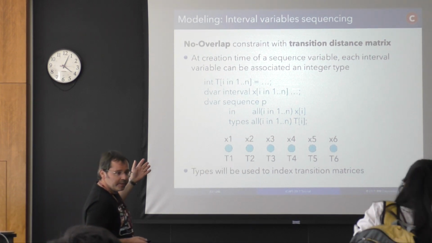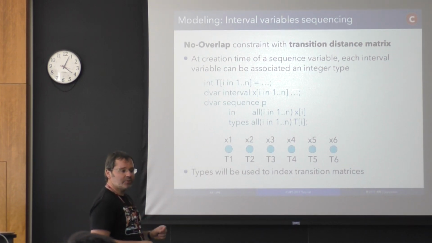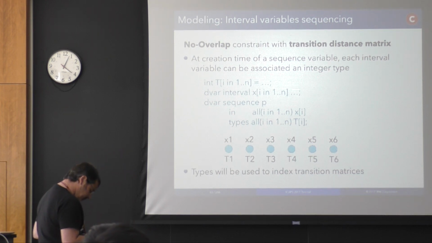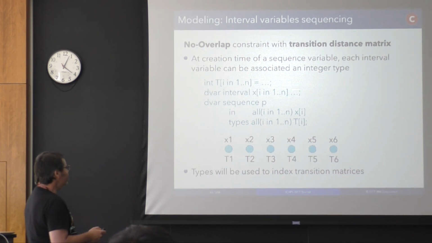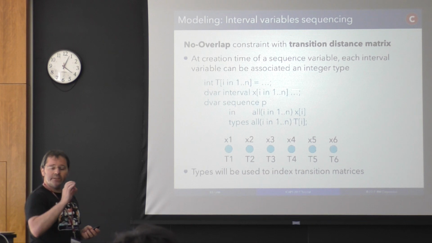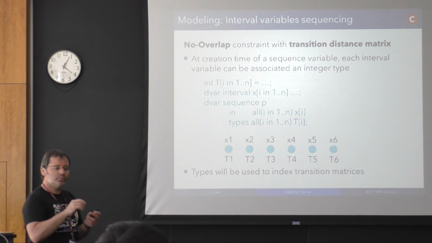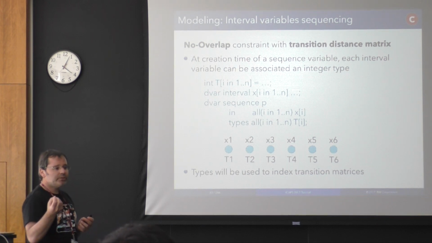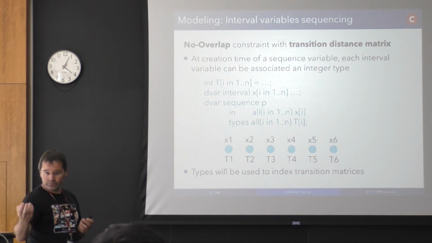I explained in the beginning we have this transition distance matrix. When you define a sequence variable, you can associate an integer that we call the type to each interval variable in the sequence. And this integer will be used to index the transition matrix.